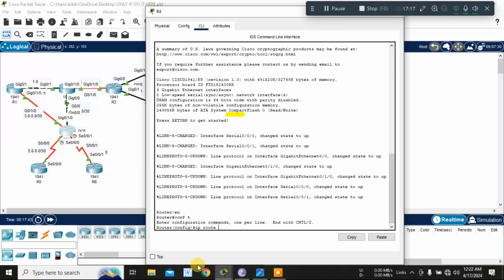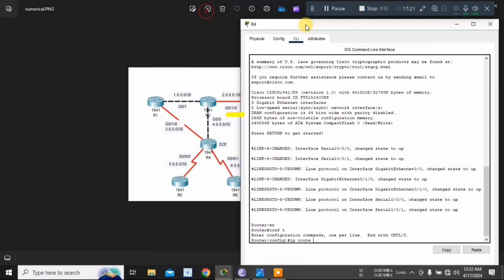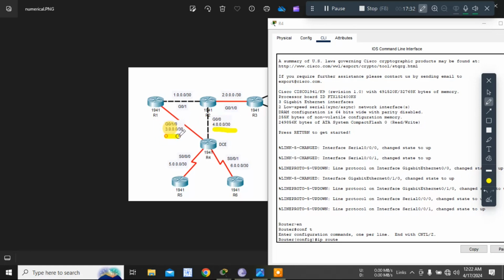Then what are the various ports? In router number 4, see, this one is directly connected, this is directly connected, this is directly connected, and this one is directly connected. So I have to do the routing for all other networks.